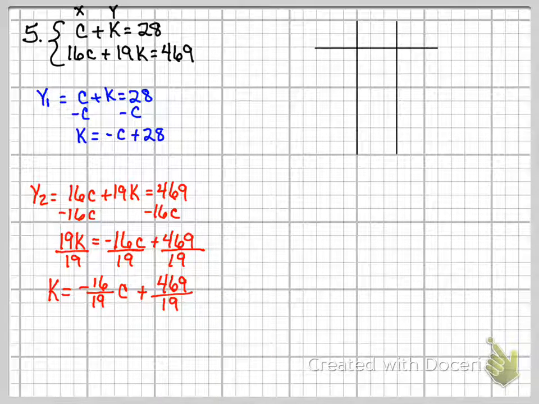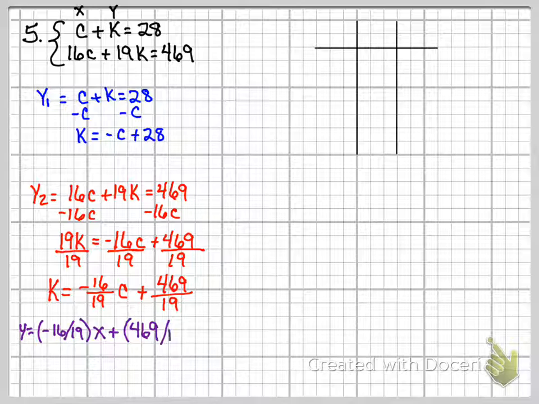Let me write that out for you in another color here. So you'll say Y is equal to negative 16 divided by 19 X plus, open parentheses, 469 divided by 19, close parentheses. That's how you'll put it into the calculator.